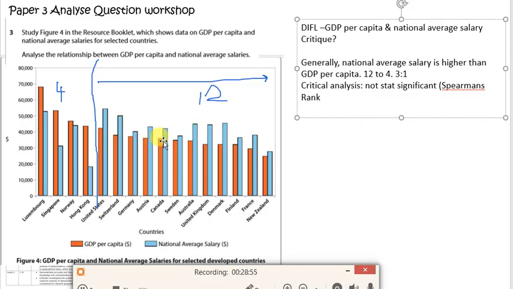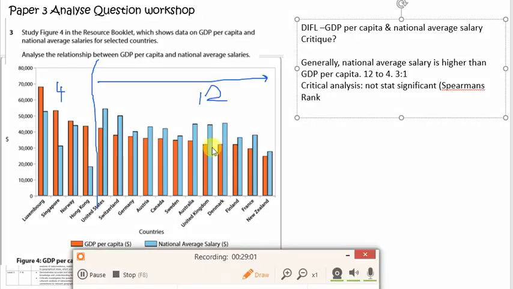So you might have a few outliers in this section. Denmark, for instance, is an exception in this section because there's quite a wide gap. You could also possibly argue Australia, UK possibly, but there's a lot of others where the relationship's not clear. You've got a few examples where there is a difference.